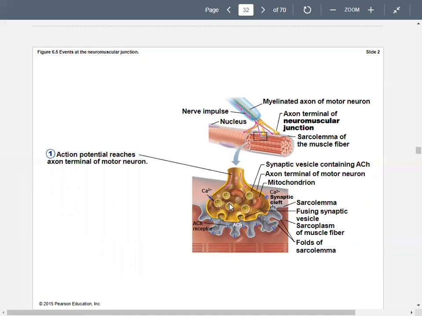Acetylcholine, and these receptors here on the other side say, rover, acetylcholine come over. And the acetylcholine comes over and attaches onto these receptors because of diffusion, right? Because there's less of it over here. And then you get a trigger of action potential on the muscle cell. You get a contraction.